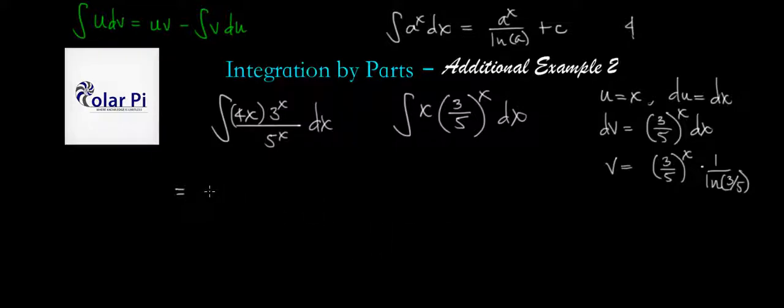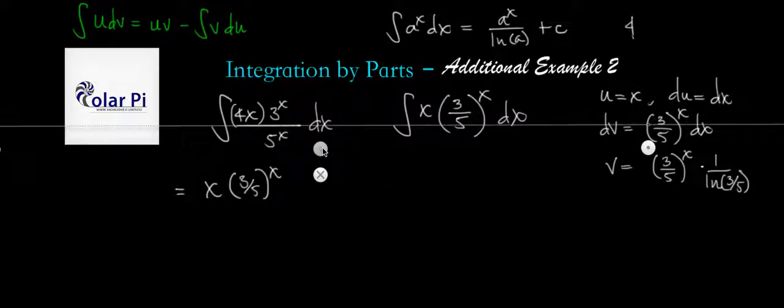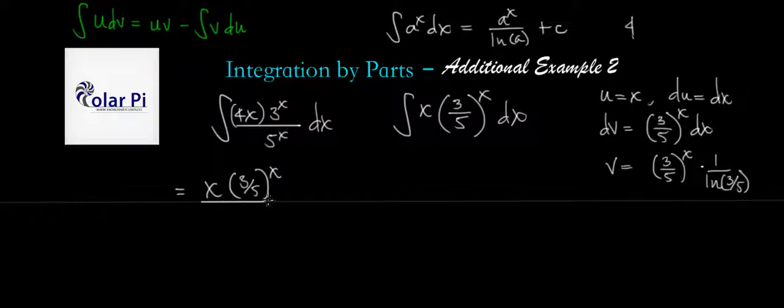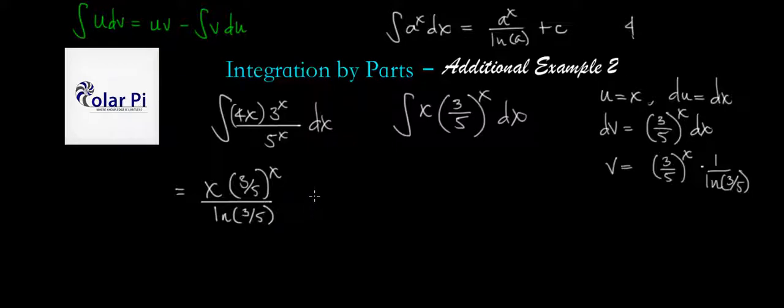That's x, and then 3 over 5 to the x power, all divided by the natural log of 3 over 5. So this here is uv, and then we need minus the integral of v du.